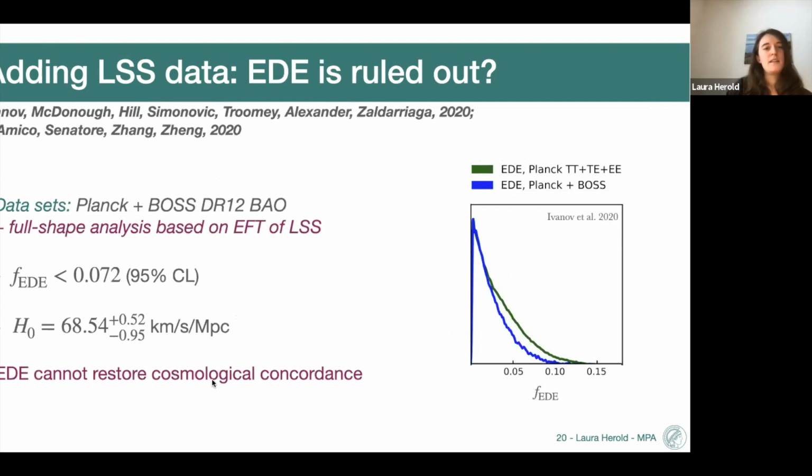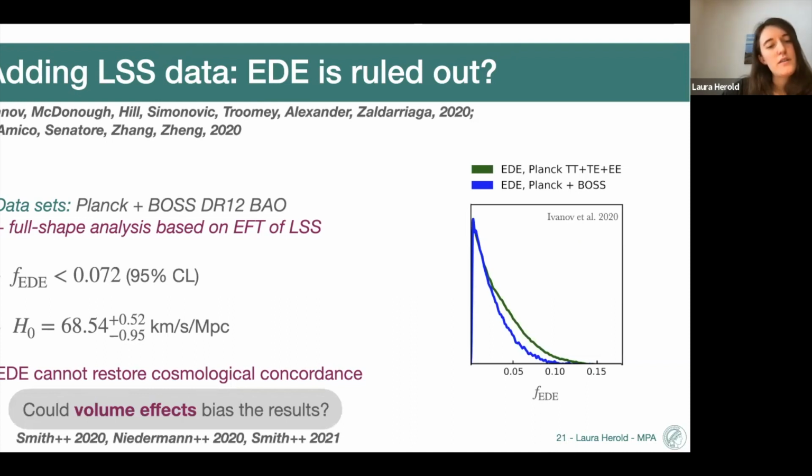Also, as a different observable of the large-scale structure, one can include the full shape analysis based on the EFT of large-scale structure, so the full shape analysis of BOSS galaxy clustering, and one finds a similarly tight upper limit on the fraction of early dark energy. And the conclusion is that early dark energy cannot restore cosmological concordance because Planck alone doesn't prefer early dark energy, and Planck with large-scale structure gives these very tight upper limits.